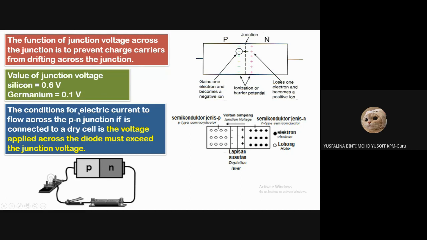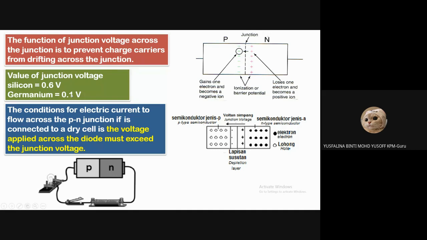So the condition for the electric current to cross the PN junction, if it is connected to a dry cell, is that the voltage applied across the diode must exceed the junction voltage. What does this statement mean? If you want the diode to function, you need a higher voltage than the junction voltage.